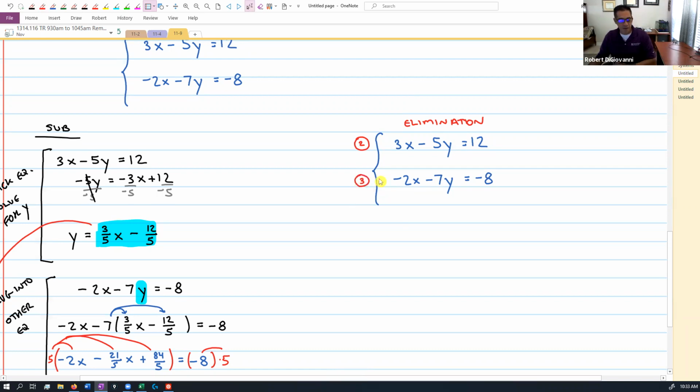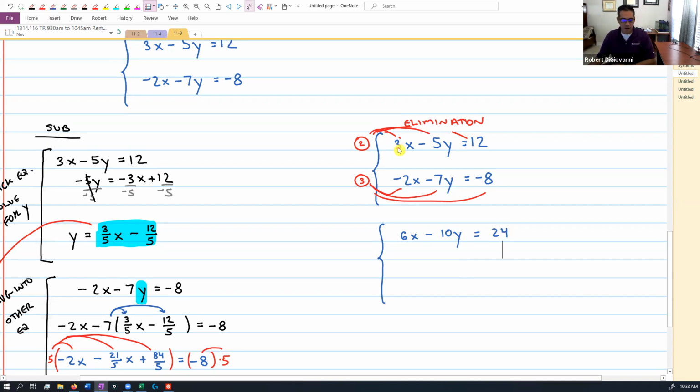The reason I'm not doing negative 3 is because I already have a negative here. So think about what would happen if I pass this through, right? On the top, I'll get a 6X. On the bottom, I'll get a negative 6X. So my new equation is 6X minus 10Y equals 24.